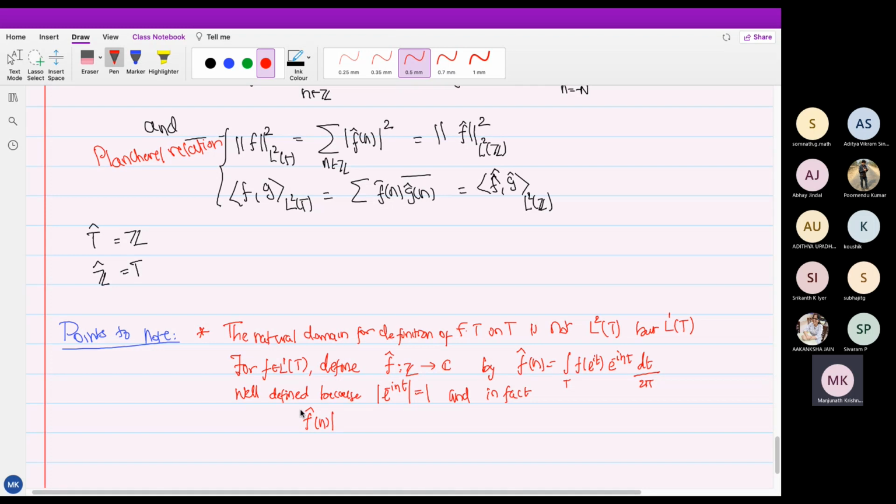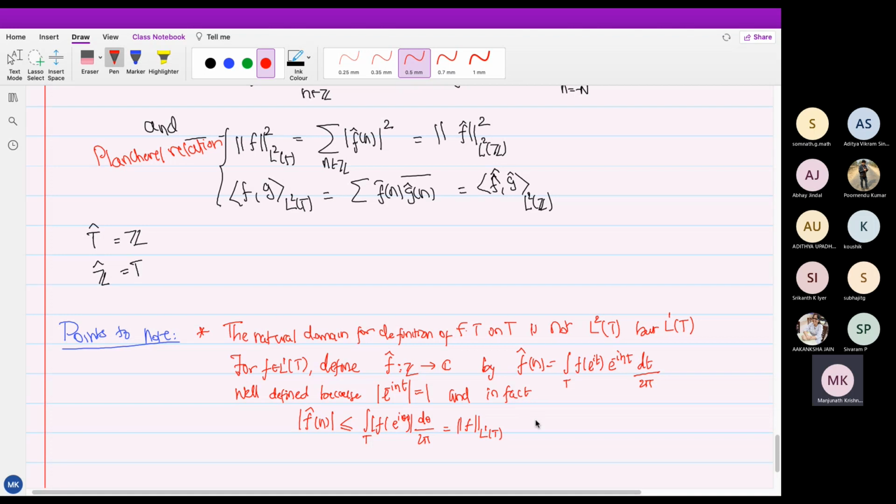f hat of n is less than or equal to the integral over T of the absolute value of f of e to the i theta, d theta over 2 pi, which is by definition the L1 norm of f.